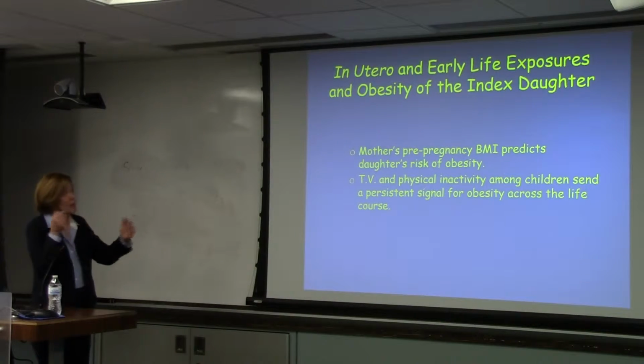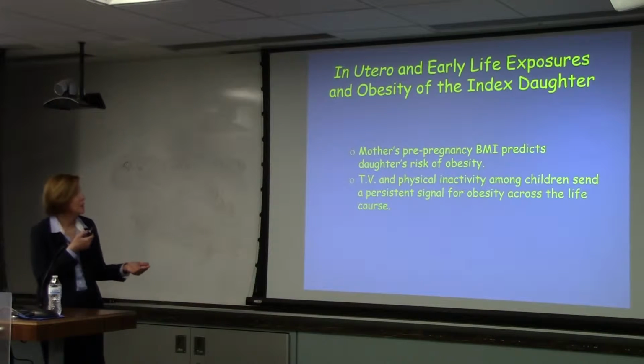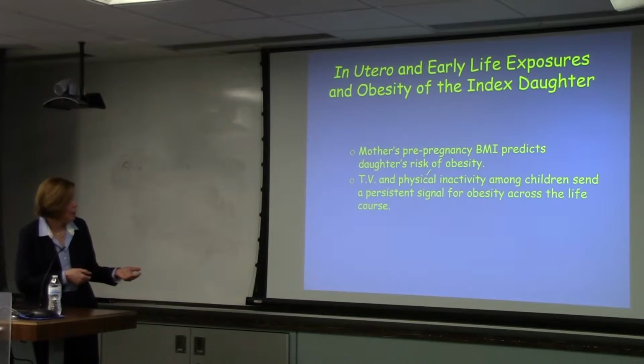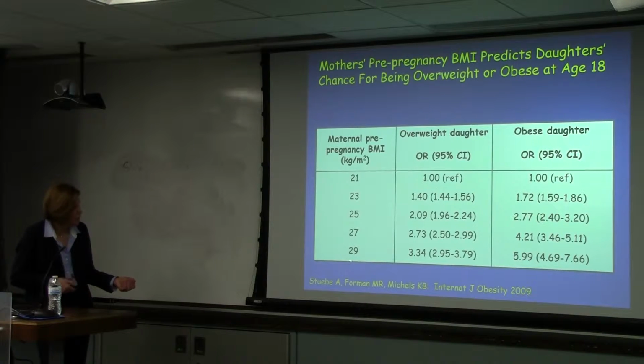So then let's turn the dial now on in utero exposures and early life exposures and obesity of the nurse daughter. And here we're going to look at mother's pre-pregnancy BMI and the signal from TV viewing and physical activity. So what we see here is maternal pre-pregnancy BMI with a median category of 21 is the leanest, 23, 25, 27, 29.